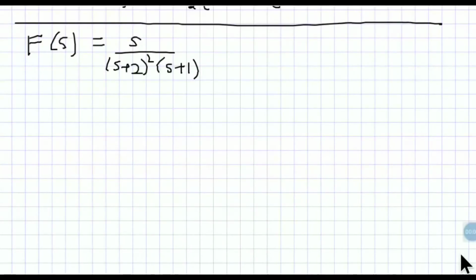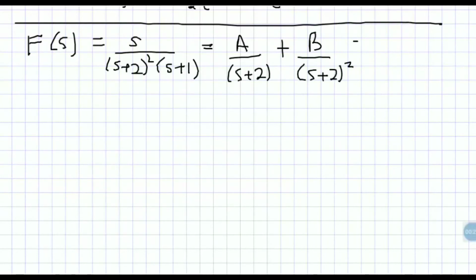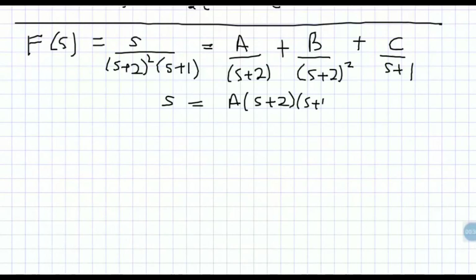The next example is this equation, F(s) equals s over (s plus 2) squared times (s plus 1). To do the partial fraction, we equate this equation to A over s plus 2 plus B over (s plus 2) squared plus C over s plus 1. This equation equals A(s plus 2)(s plus 1) plus B(s plus 1) plus C(s plus 2) squared.